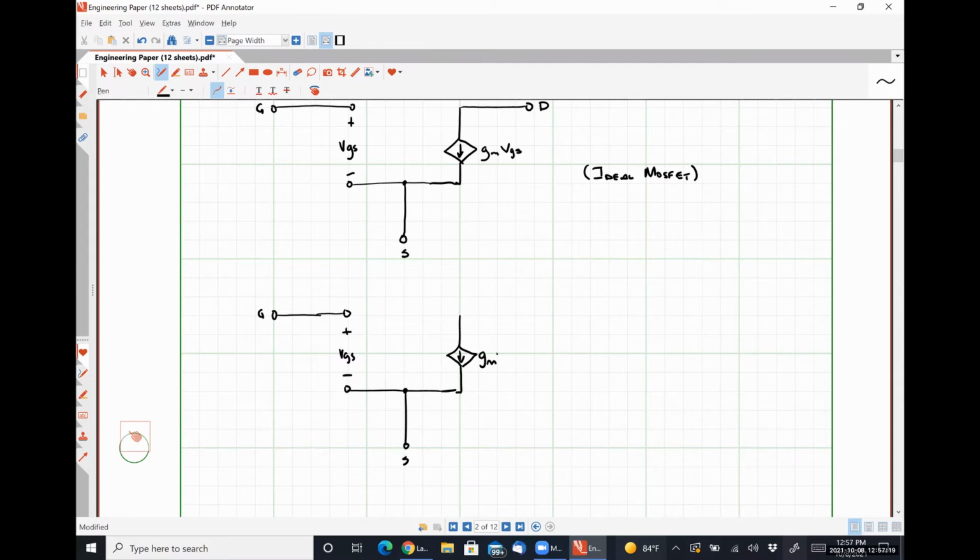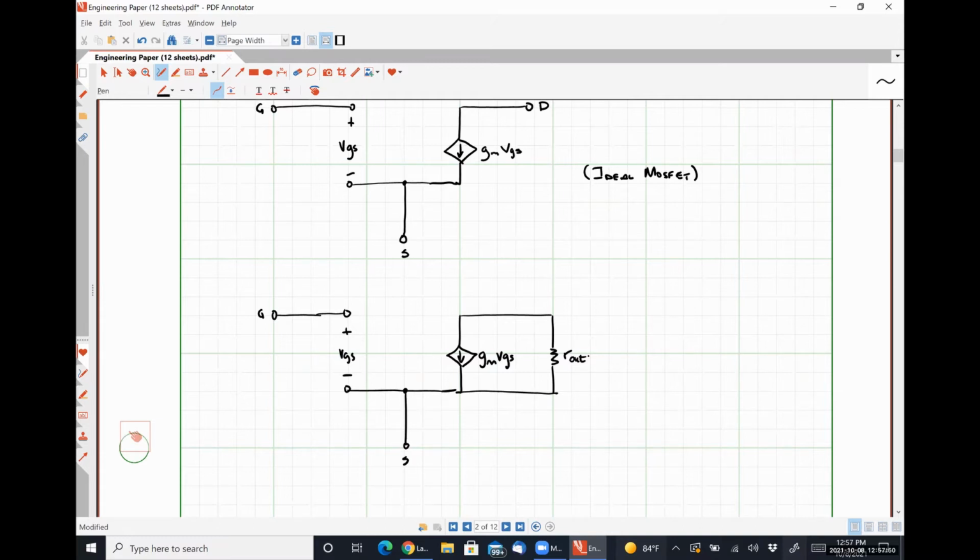Still have our gm VGS here. Now we are going to model the effects of channel length modulation by introducing a resistor. I think the textbook that we are using calls it R out, but I want to say that back in 335 and 336, we just called it r not, right?